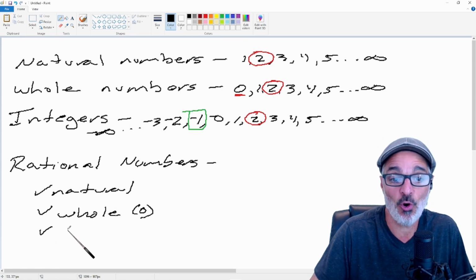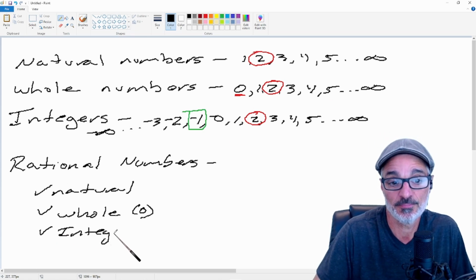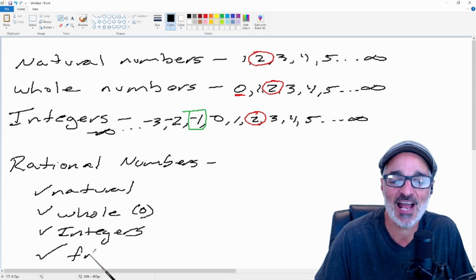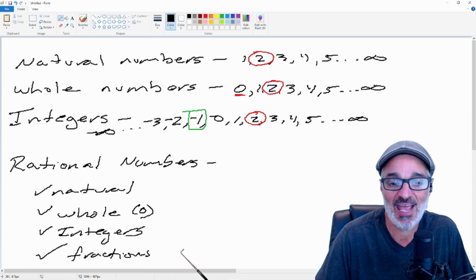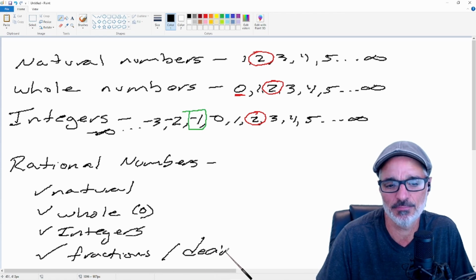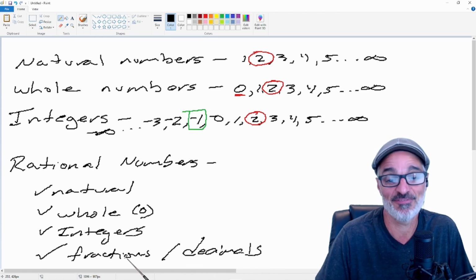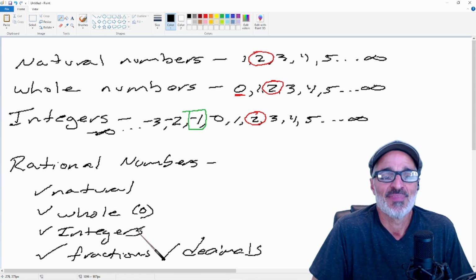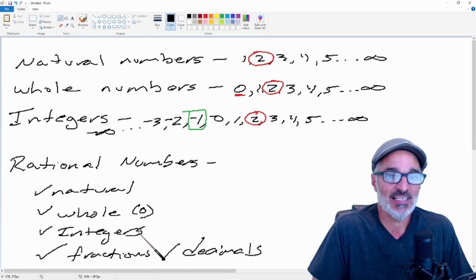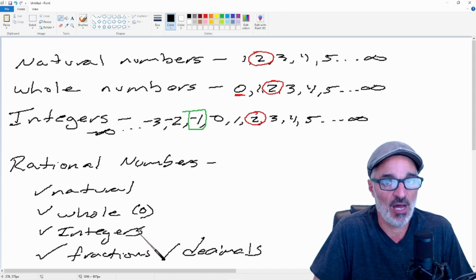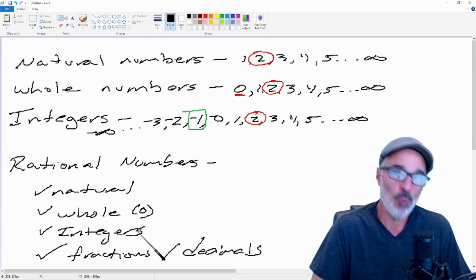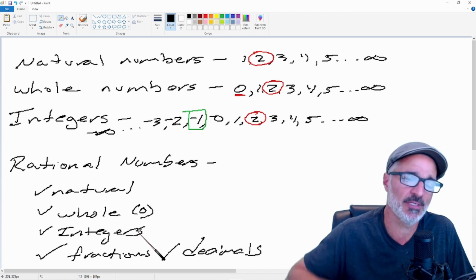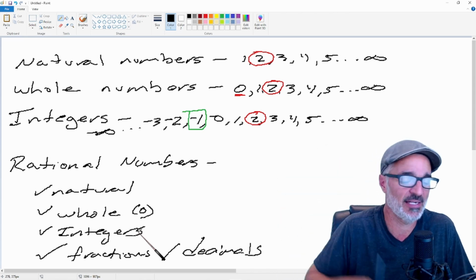And it's going to include all the integers, but it's also going to include fractions and decimals, which is the same. I should say fractions or decimals because it's the same. So here we have basically 4 categories of numbers that have most of the numbers known. There's still another category called irrational numbers, but we'll talk about that another time.